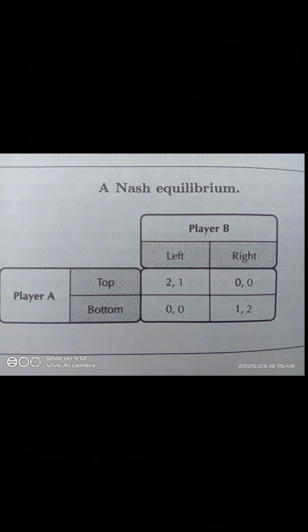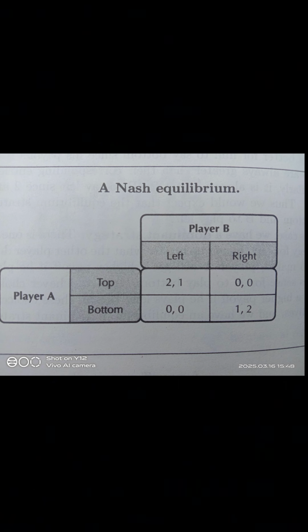So in this case, the top left strategy, consisting of payoffs 2, 1, is a Nash equilibrium.